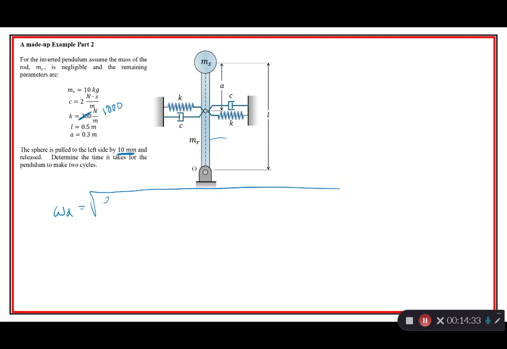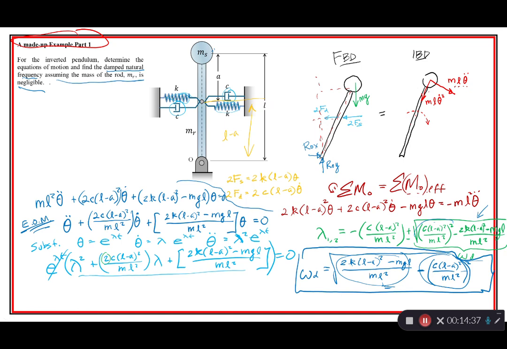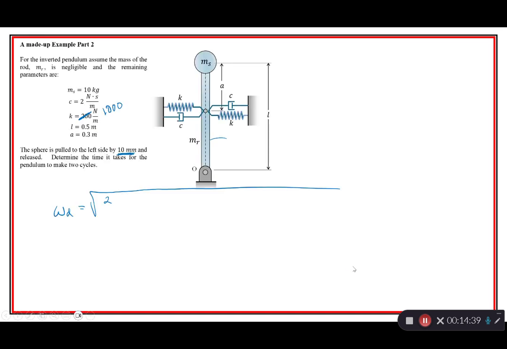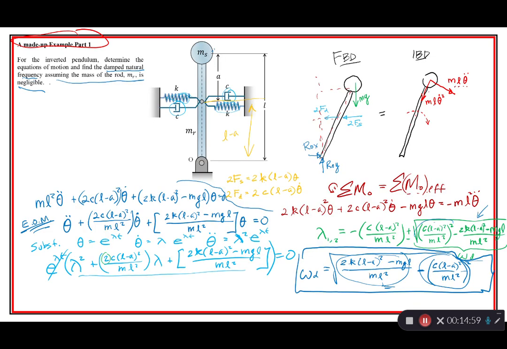So I'm going to go 2 times K, so that's going to be my 1,000, not the 200 that I decided to change. And then we're going to take 0.5 minus 0.3, and that's squared. So let's look back at this right here. All right, so we got that part.